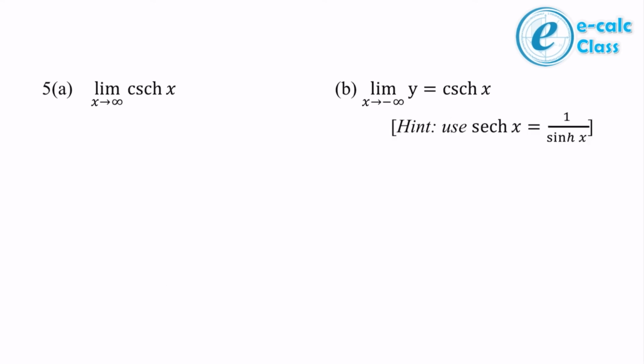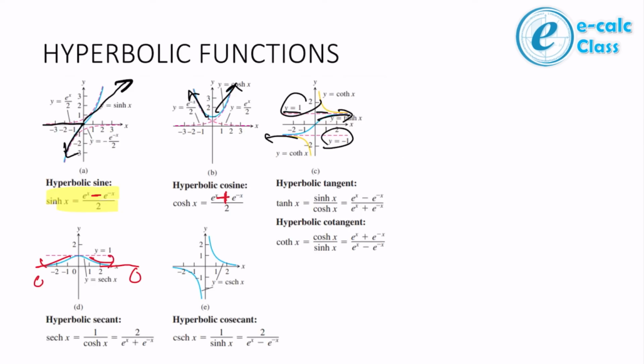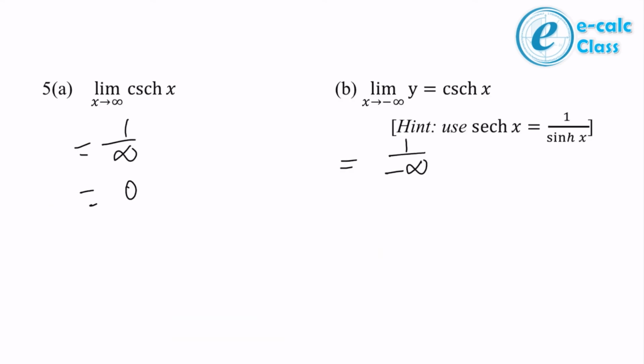So if x approaches infinity, it is 1 over infinity, so it's 0, no problem. Then what about this? It's 1 over negative infinity, isn't it? 1 over negative infinity is actually also 0.